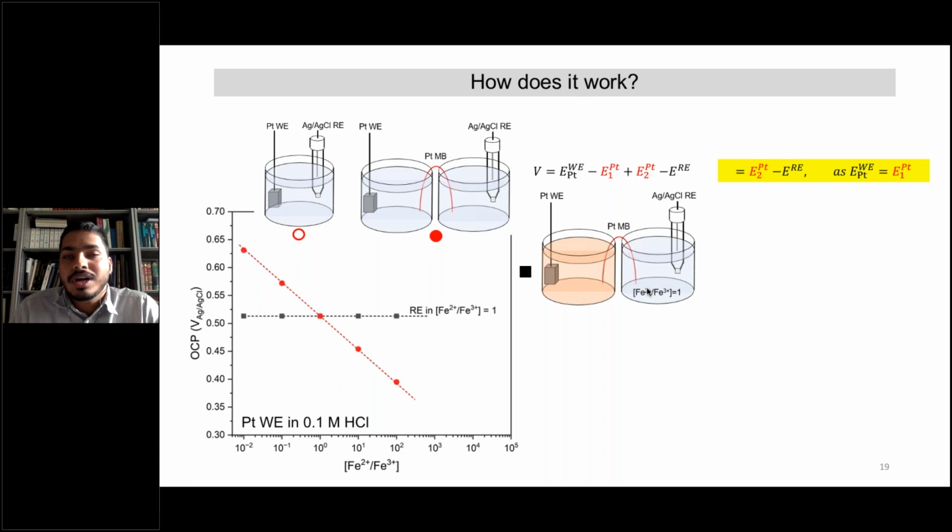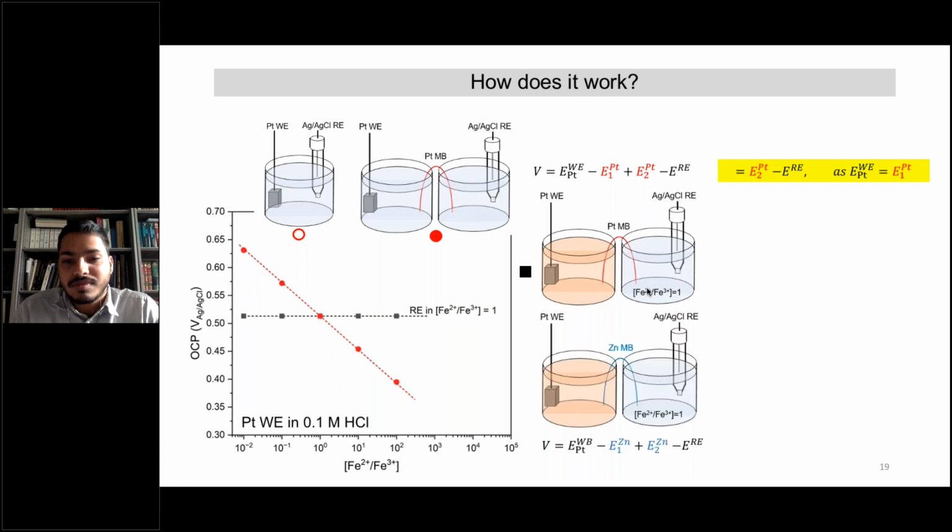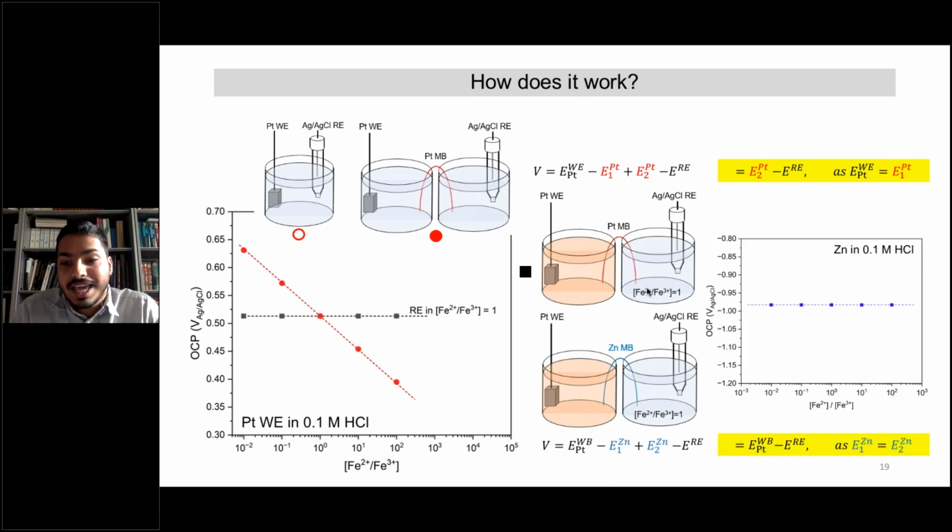Now, what if you decide on zinc as your metal bridge? Well, what is special about zinc is it does not care about your ferrous to ferric ratio, at least in 0.1 molar HCl.